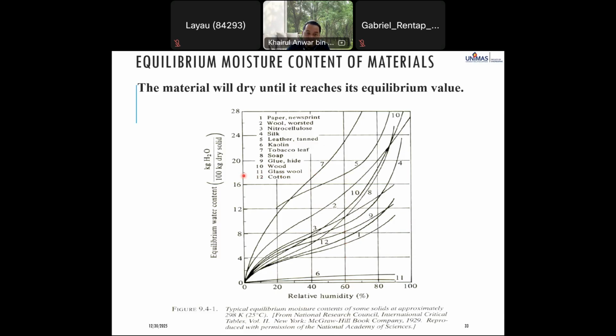So meaning in that sample, there are 17 kg of water per 100 kg of dry solid. If you have 100 kg of leather, inside that 100 kg of leather there exists 17 kg of water, based on HR 60%. So the lower the HR, the lesser the water content.